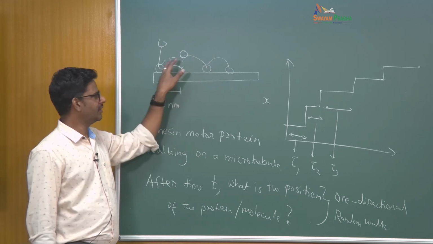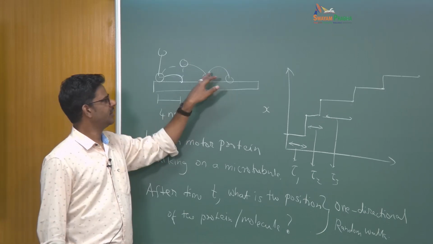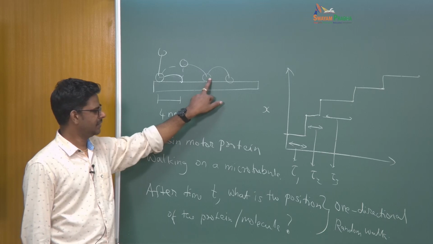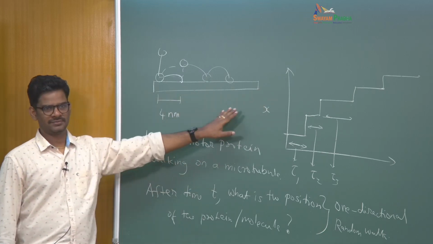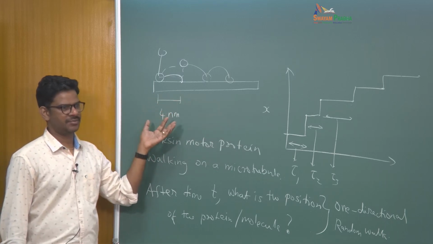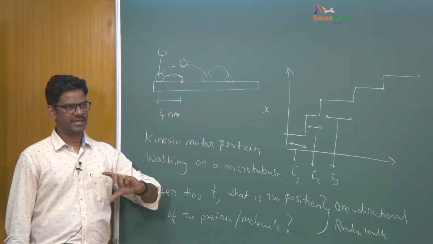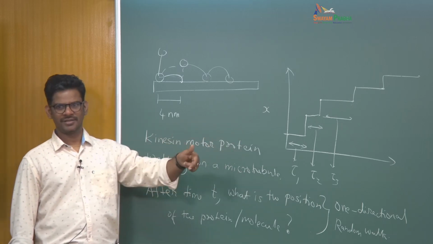So all these jumps are independent and uncorrelated. The next jump depends only on the current position, and therefore it is a Markov process. Actually the spatial coordinate here is a real variable, but the protein is making a step jump. Even though space is continuous, it only occupies lattice-like locations.